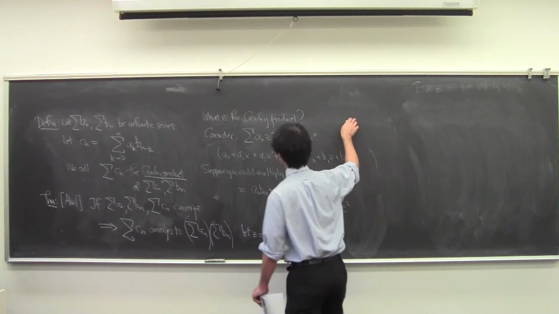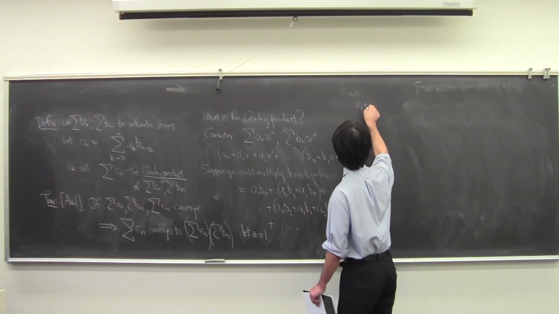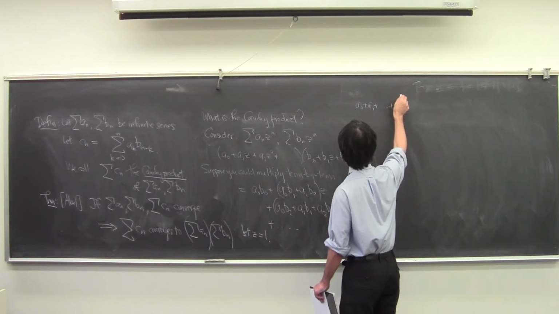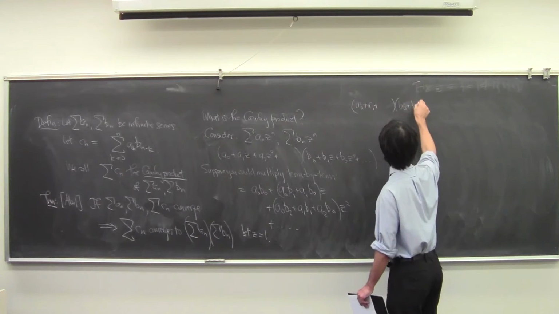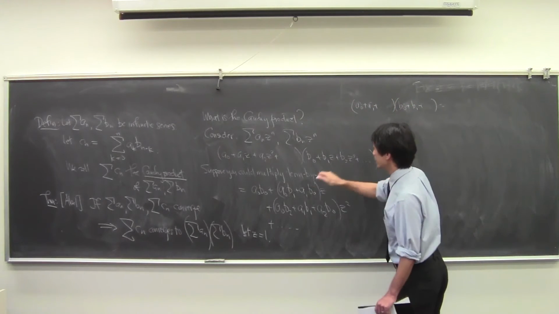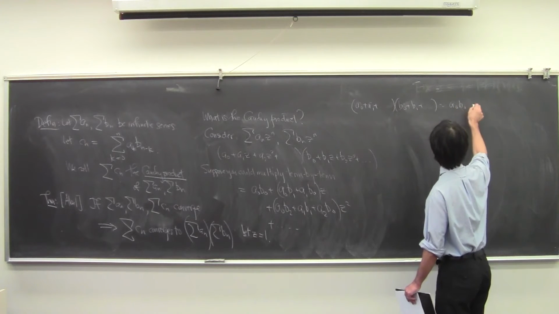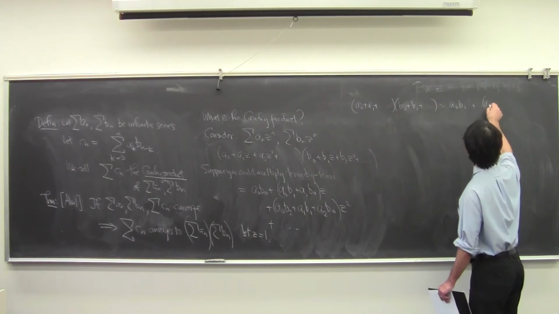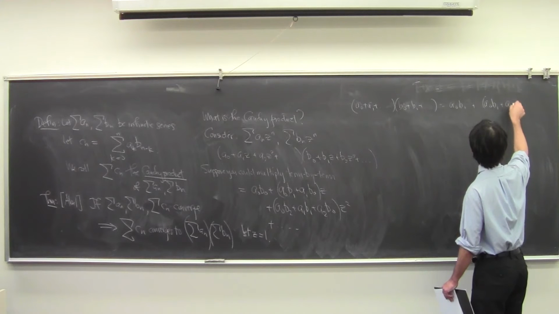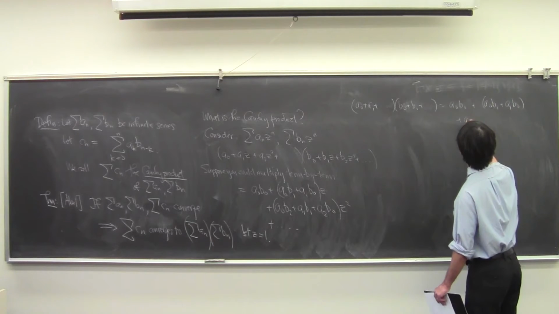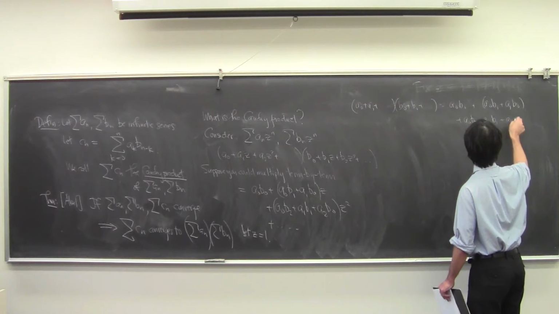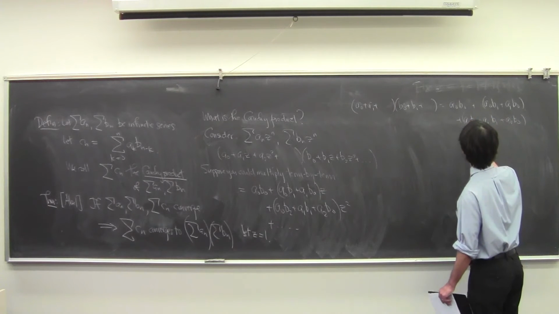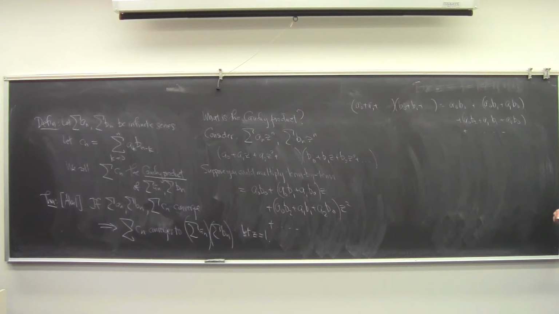What you get is that a naught plus a1 plus blah blah blah times b naught plus b1 plus blah blah equals this thing: a naught b naught plus a naught b1 plus a1 b naught plus a naught b2 plus a1 b1 plus a2 b naught plus and so on and so forth.